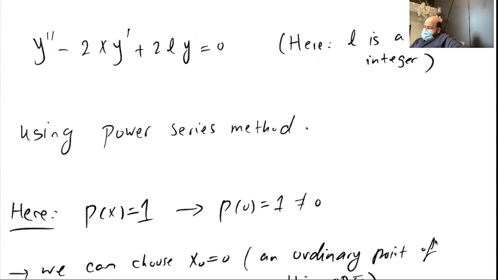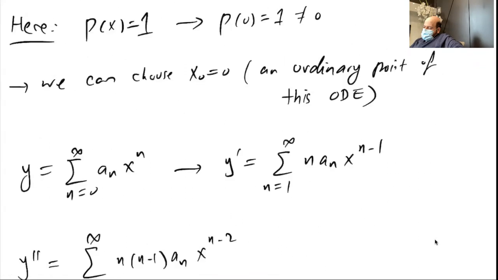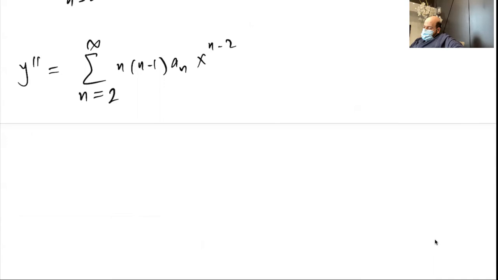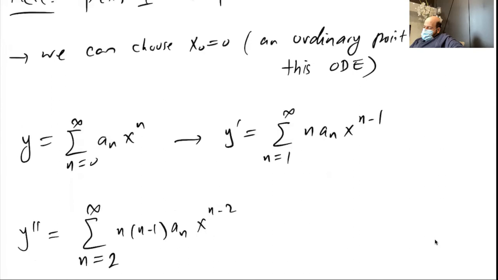And the equation is y double prime minus 2xy prime plus 2ly equals 0. We can substitute back. So what do we get? I'll have sigma n times n minus 1 a n x to the power n minus 2, from 2 to infinity, minus 2xy prime.